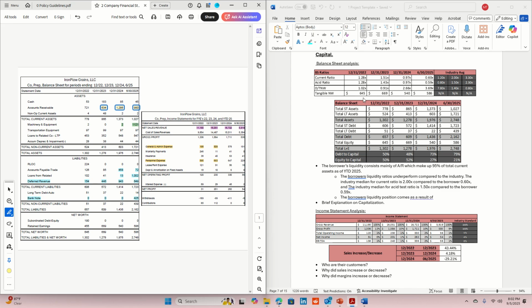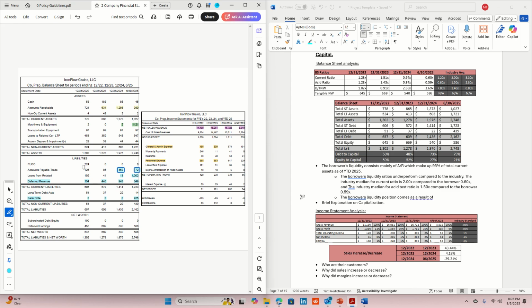But keep in mind, they were still below the industry median here, right? That at 97.97. And the reason why it was so high then was because their accounts payable were really high, and then their deferred revenue were really high. But remember, they paid down their deferred revenue $300,000, and then they paid down their accounts payable $400,000.